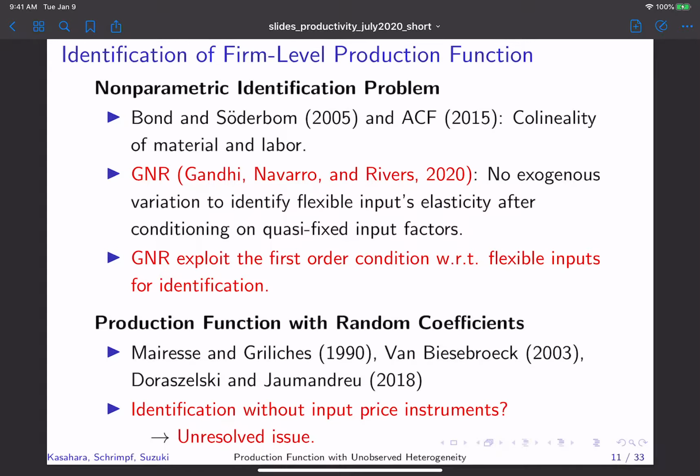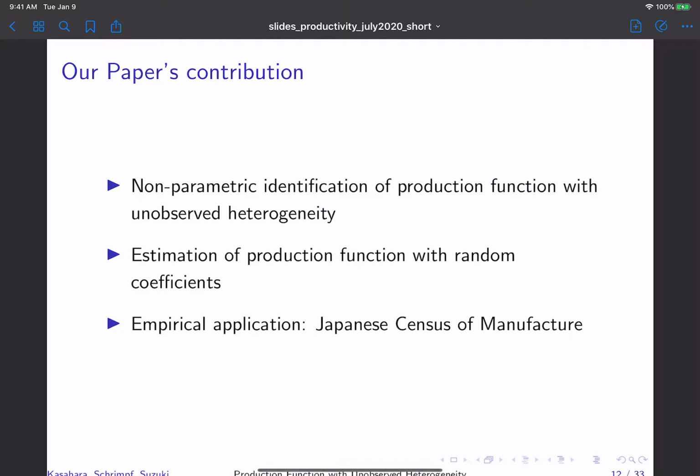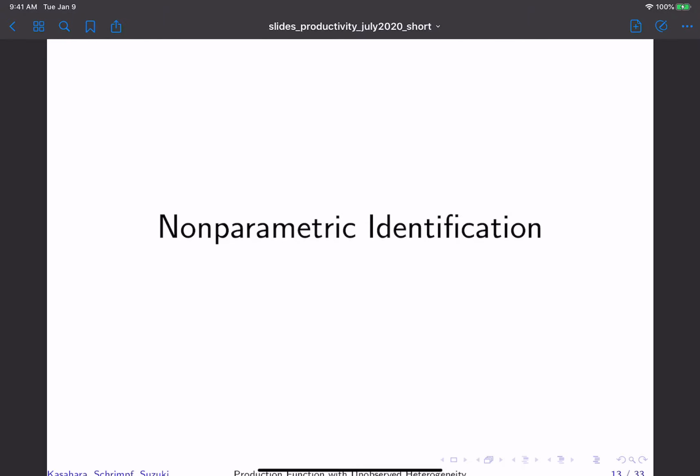Also, the literature on identification of production functions with random coefficients has very limited identification results. So our paper's contribution is that we present identification results under unobserved heterogeneity beyond the Hicks neutral production function, propose a maximum likelihood estimator under a normality assumption, and show the empirical application using Japanese census of manufacturing data. So first, non-parametric identification.